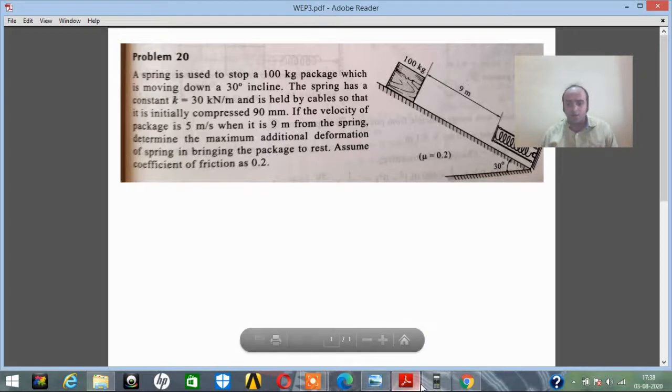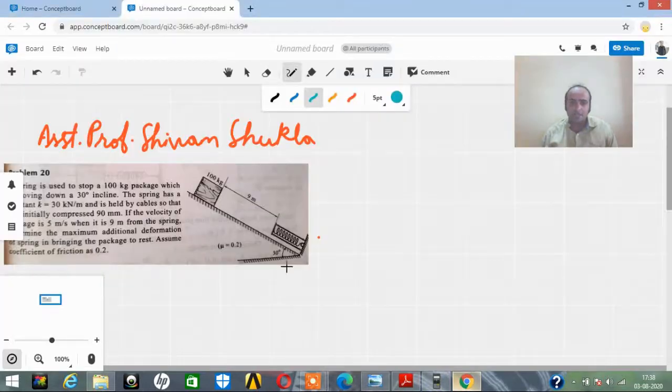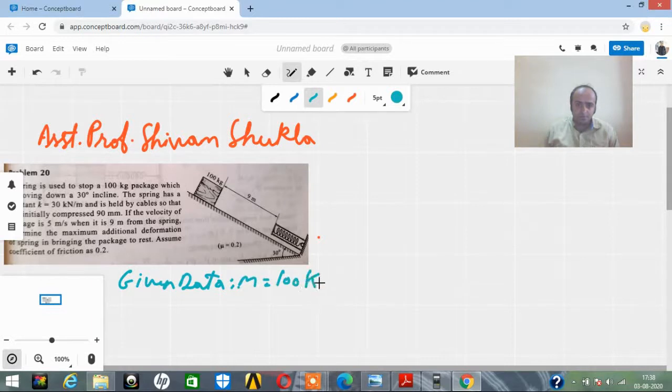Let us write down the given data as well as what we are supposed to find. Given data, one by one. M is equal to 100 kgs. Then K is equal to 30 into 10 raised to 3 Newton per meter.